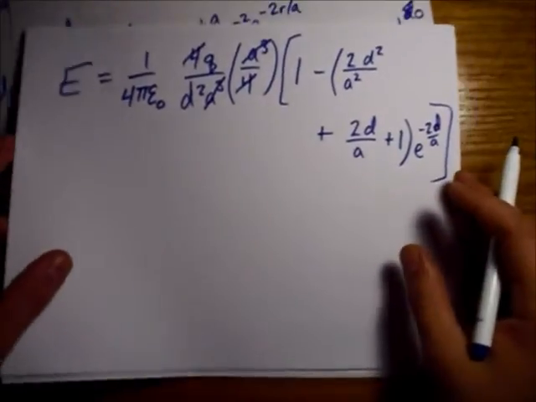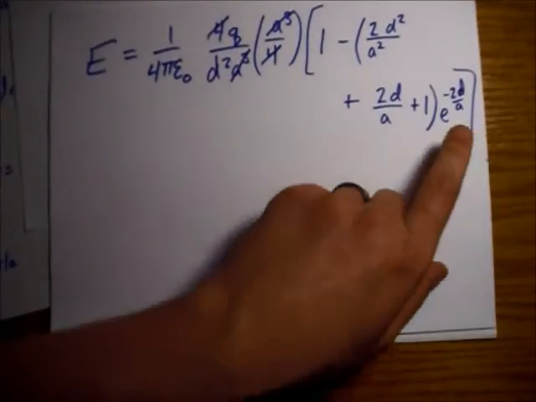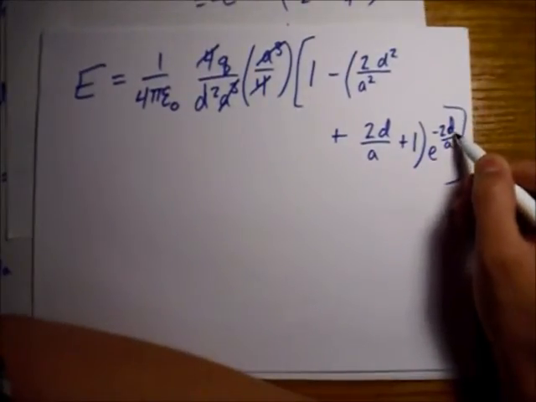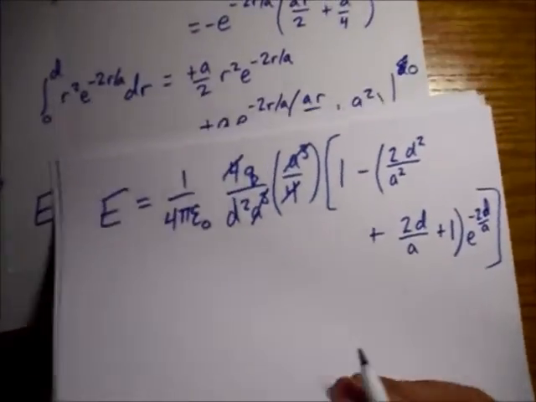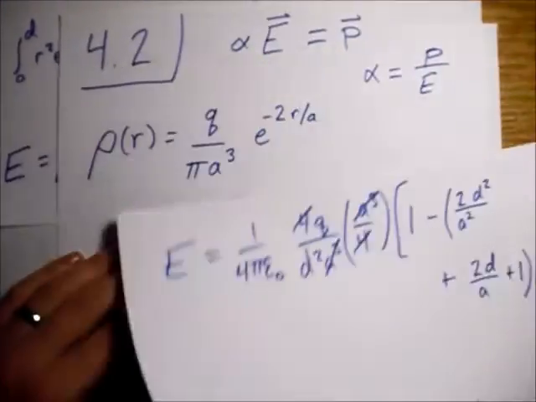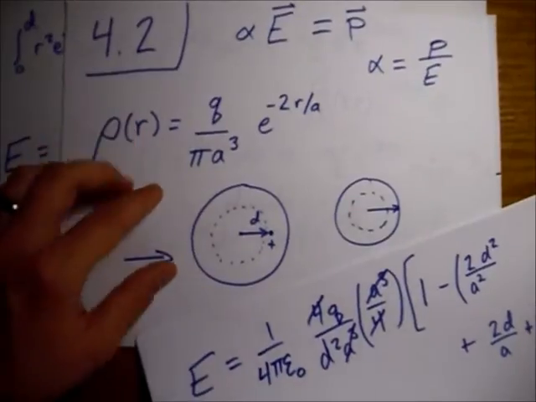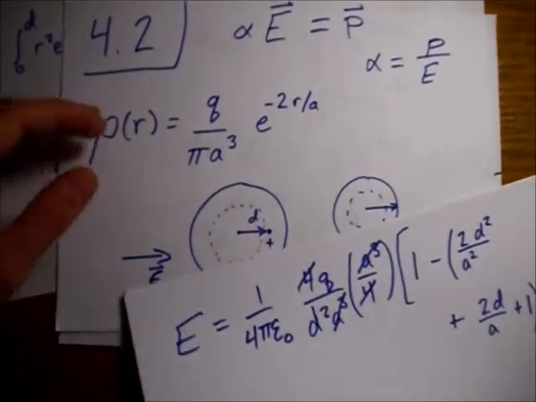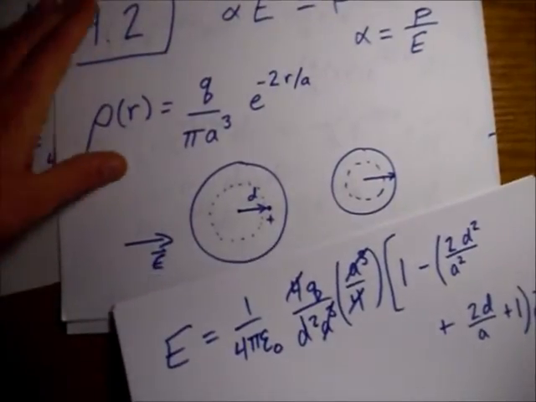So the big hint Griffiths now gives us is expand this exponential. So we're assuming d is very, very small compared to a. What is a? A was the parameter right here, which is basically the Bohr radius.